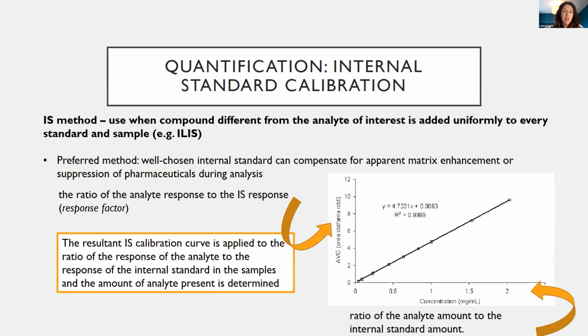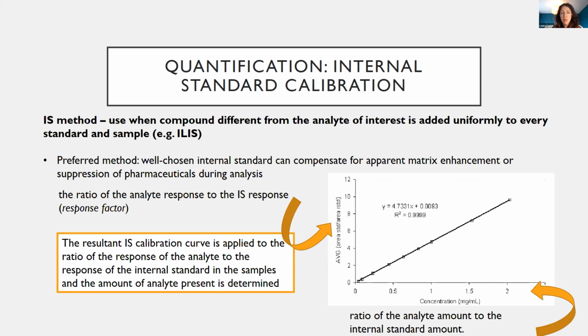In comparison, with internal standard calibration, this is when you use your stable isotopes and your sample is fortified with these. So this is along the same lines, but it changes slightly and plots the ratio of the analyte response to the internal standard response. This is called a response factor against the ratio of the analyte amount to the internal standard amount.